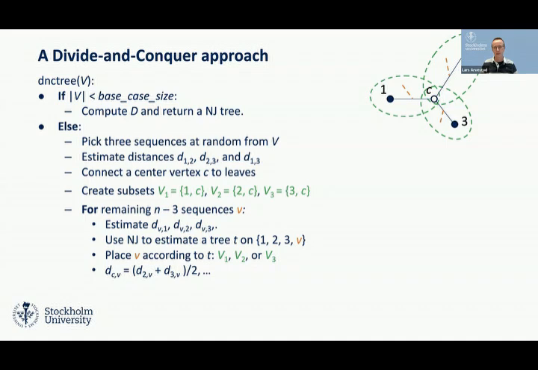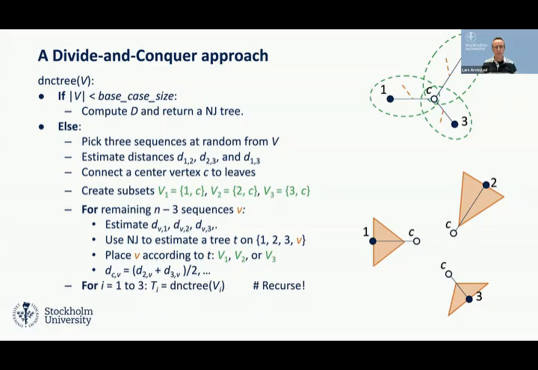We do that perhaps by using the neighbor joining selection function, or you can use quartet experiments or something like that, but it doesn't really matter. There are natural ways of doing this. And then we prepare these 3 sub-problems, which are almost disjoint, except for the fact that they share this center vertex.